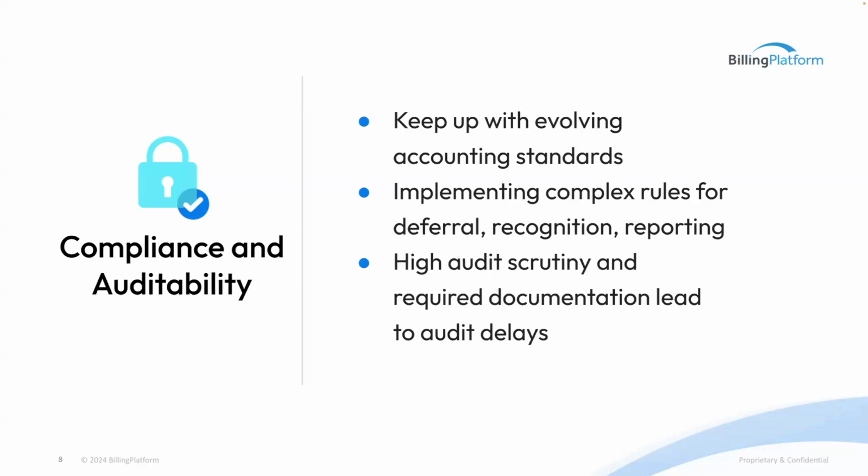So there's much higher audit scrutiny these days, and it is certainly becoming more robust and more of an emphasis point. And that's just continuing to add more things to do for the accounting team, more requirements, more that the auditors are asking of them.